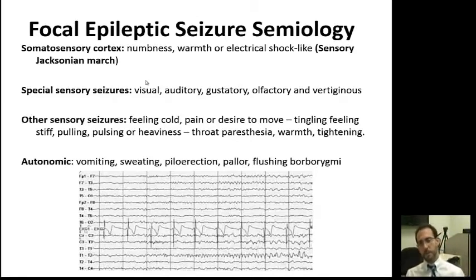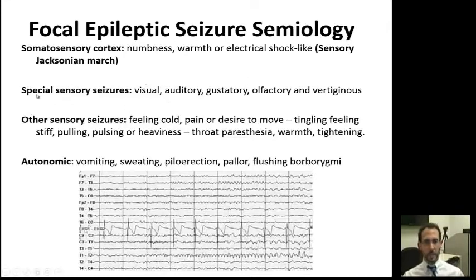So the Jacksonian march will start again in the hand and spread to the same side of the face, then the arm, and then will end up spreading down to the leg as well, either as abnormal movements, or as sensory changes, including, like I mentioned, numbness or a tingling sensation.